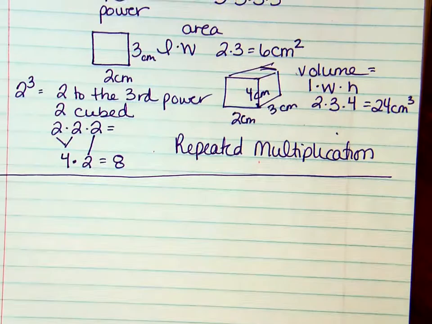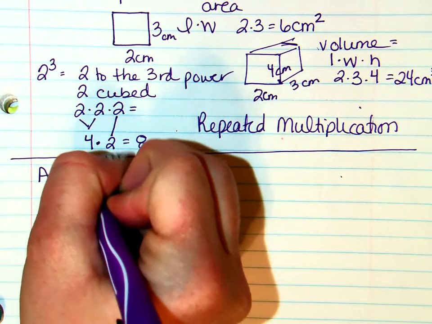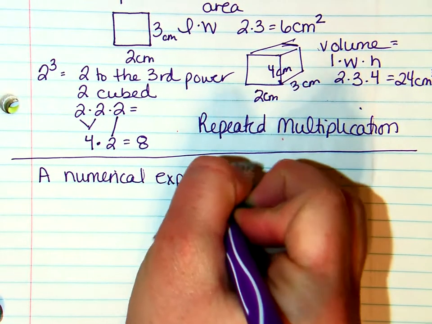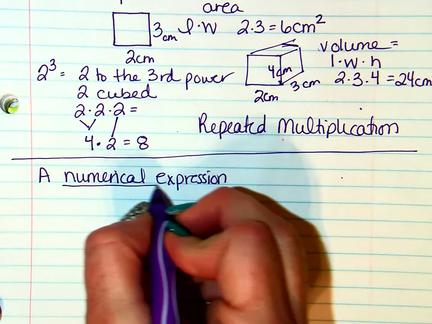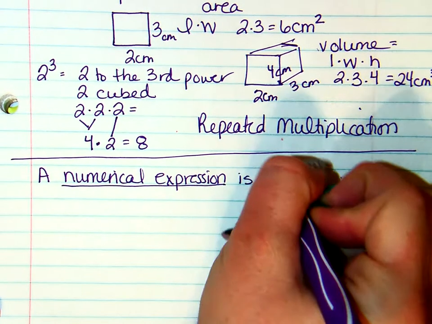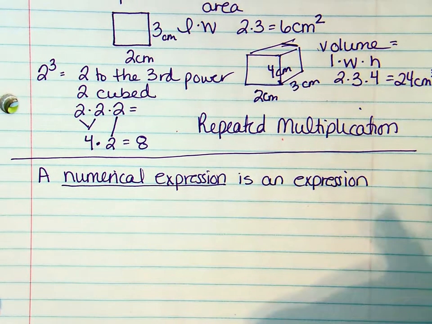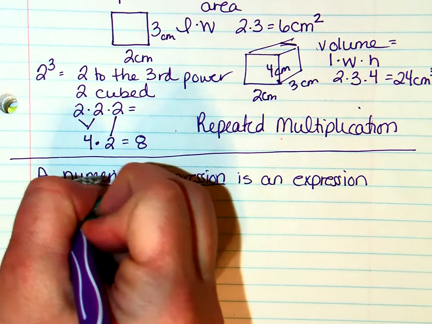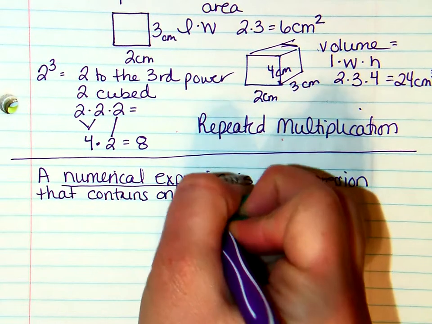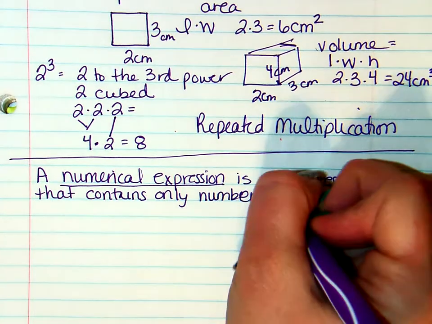So let's write some definitions first. A numerical expression is an expression that contains only numbers and operations.